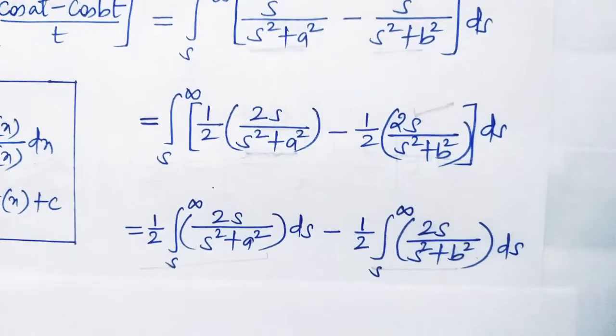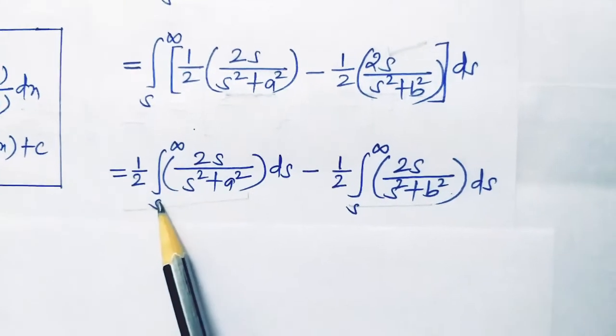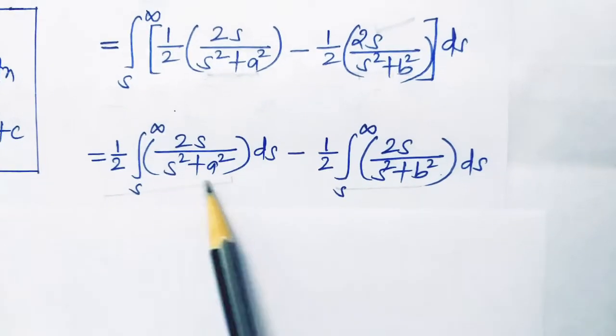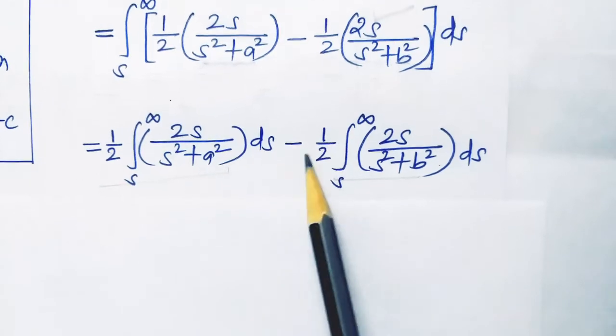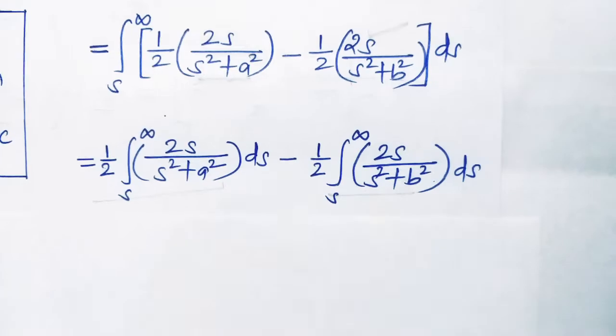So in the next step, we can further split them and separate them. That is, 1 by 2 integration between s to infinity of 2s divided by s square plus a square ds, first term, minus 1 by 2 integration from s to infinity of 2s divided by s square plus b square ds.